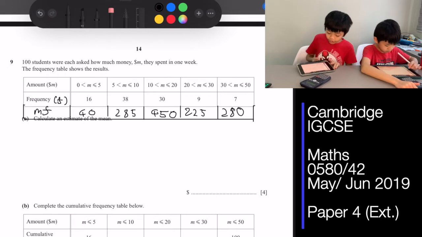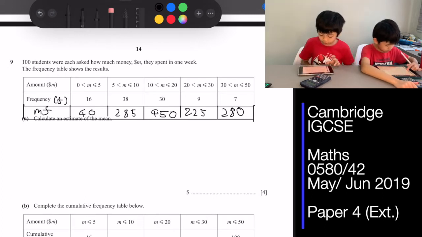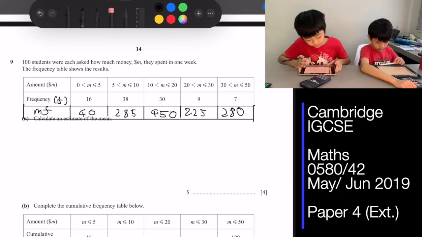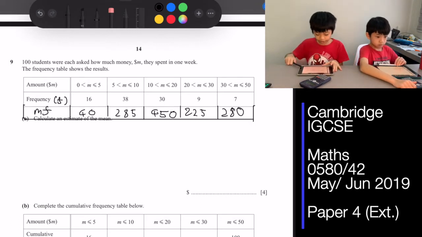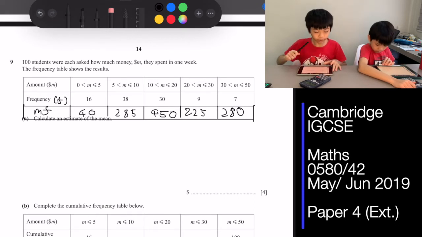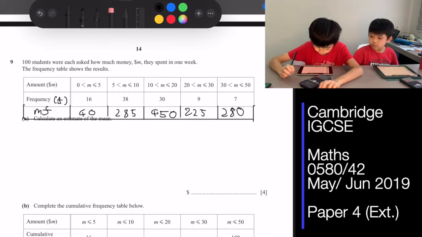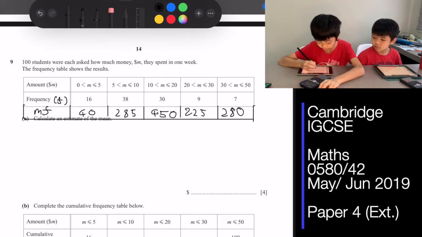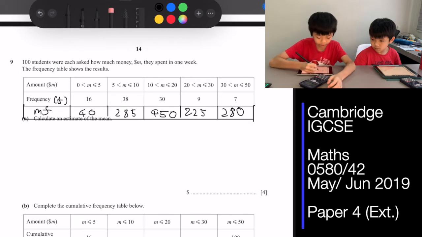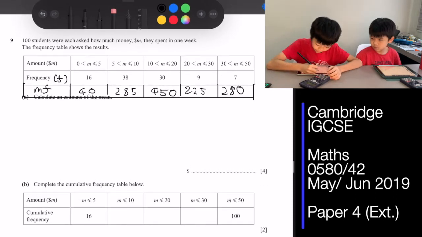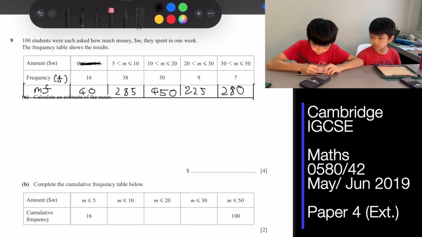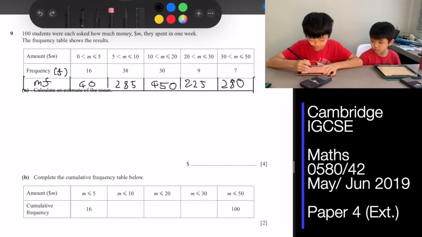Okay, so for question 9, 100 students were each asked how much money they spent in 1 week. The frequency table shows the result. So I made this small extra table with MF. F stands for frequency, by the way. To calculate MF, we just take the average of the range and then multiply by the frequency F. So I've done all of them.